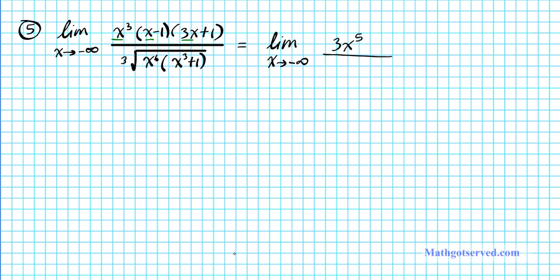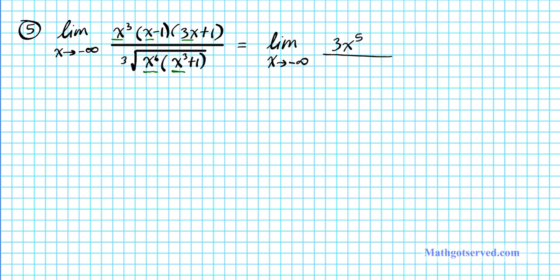Now in the denominator, the same procedure applies. I'm going to be taking the third root of the product of the terms with the leading coefficient in the factors in the denominator. So I'm going to take x to the sixth and x to the third. They are the terms with the biggest degrees in each factor. I multiply them together.